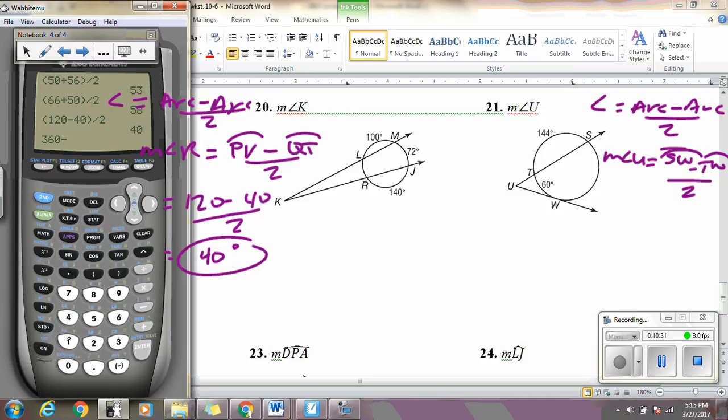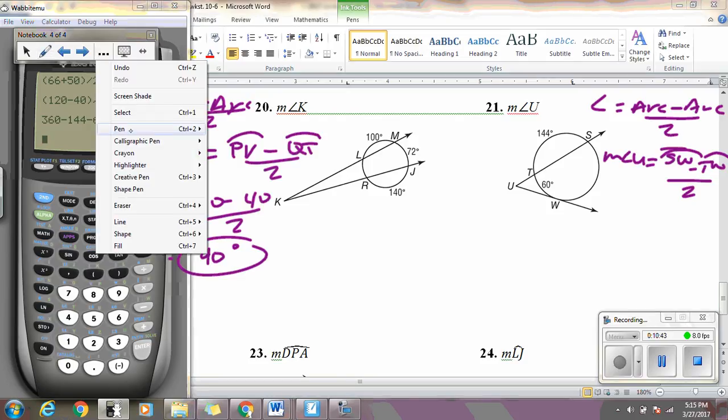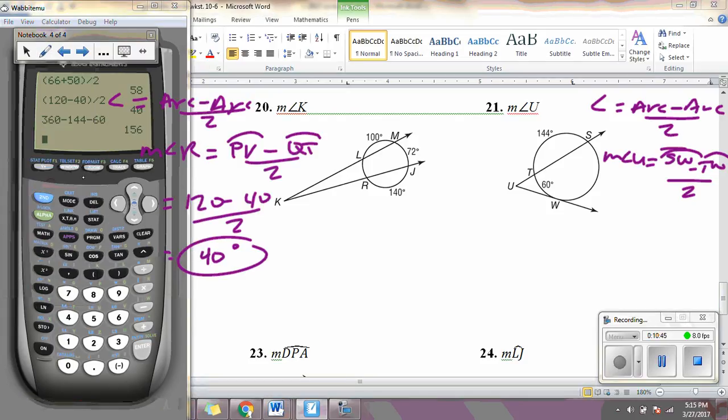So subtract 144 and subtract 60, and I get 156. So SW is 156 degrees.